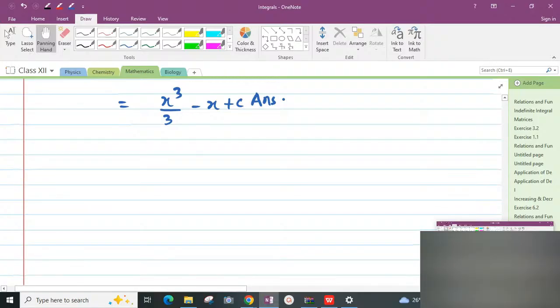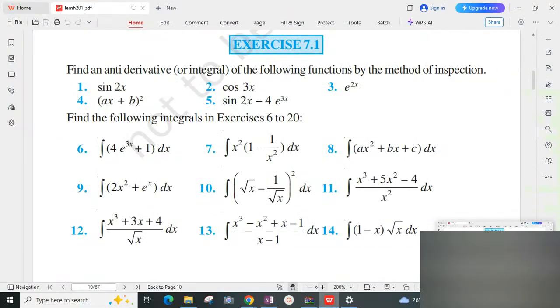So let's see the next question. This is question number 8: integral of ax squared plus bx plus c into dx.